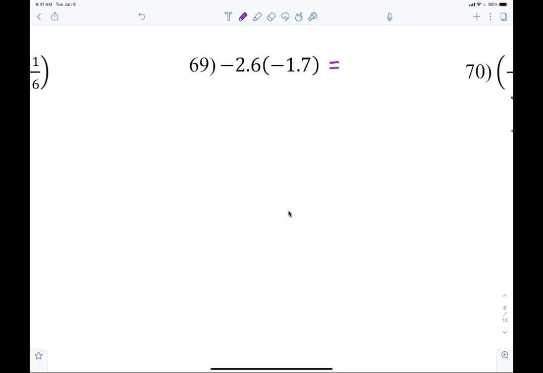Are you multiplying it out? Yeah. Okay, that's what I'm waiting on. And then whoever's doing 68, be ready. What'd you get? I'm struggling.